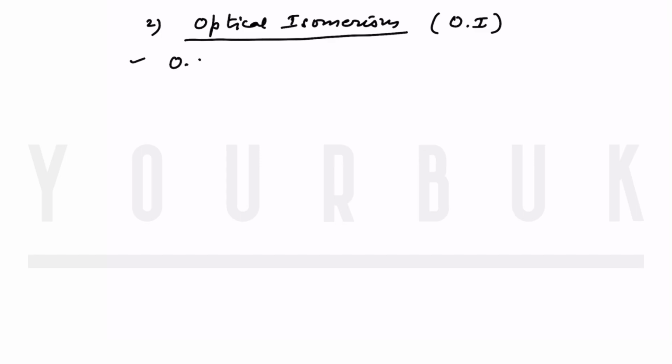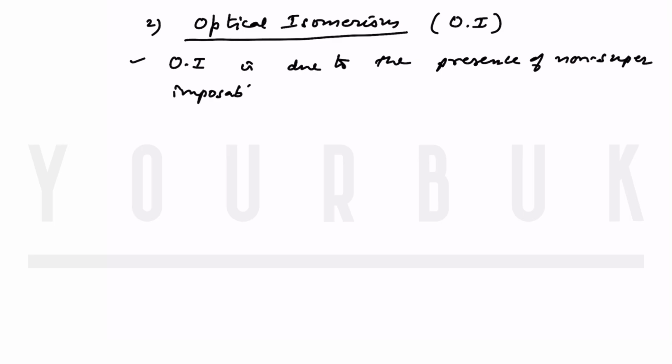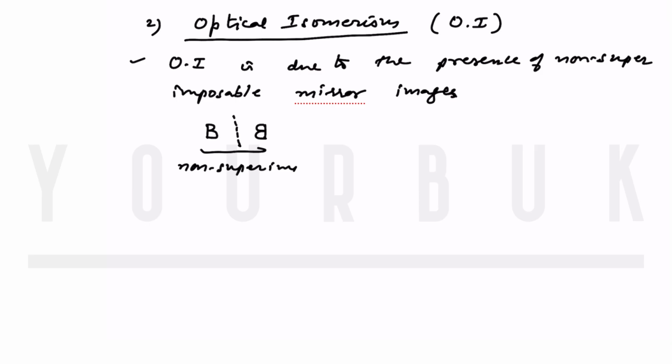Now, optical isomerism is due to the presence of non-superimposable mirror images. For example, this is letter B. If you take its mirror image, these two are non-superimposable, so it will show optical isomerism.